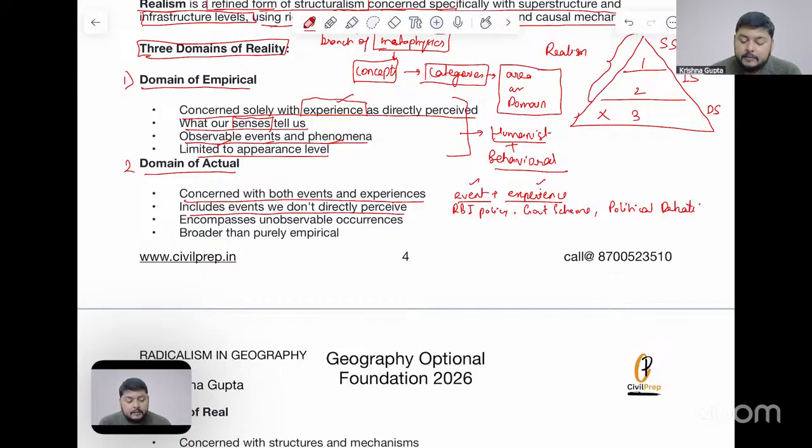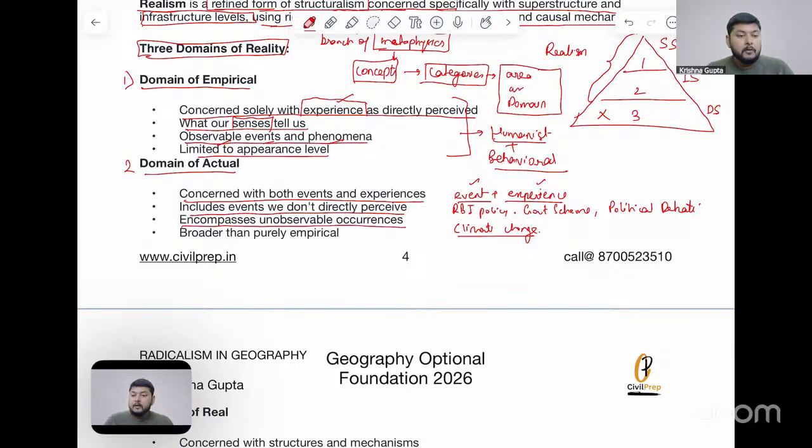So these are something we can also say, certain climate change phenomena. Okay, so these are things which are not directly associated with us, but they actually impact us in one way or the other. Then it encompasses unobservable occurrences.